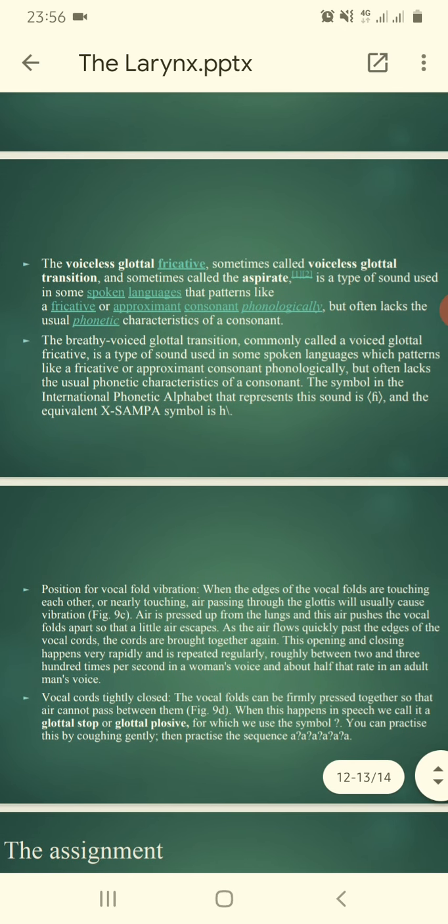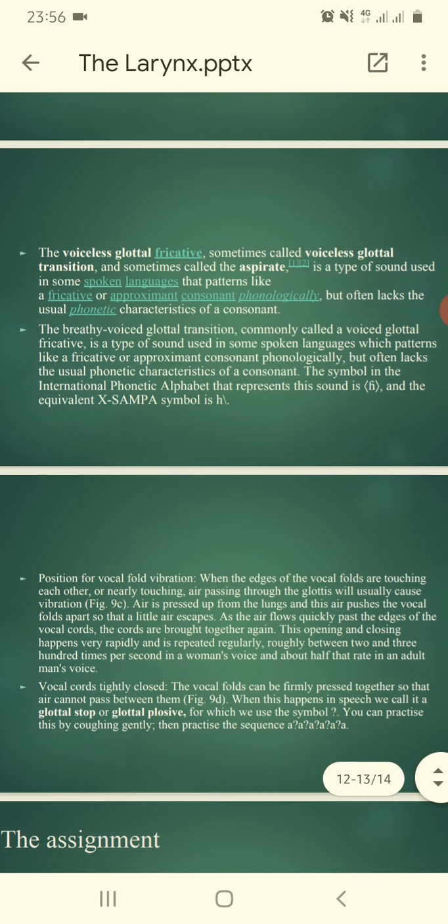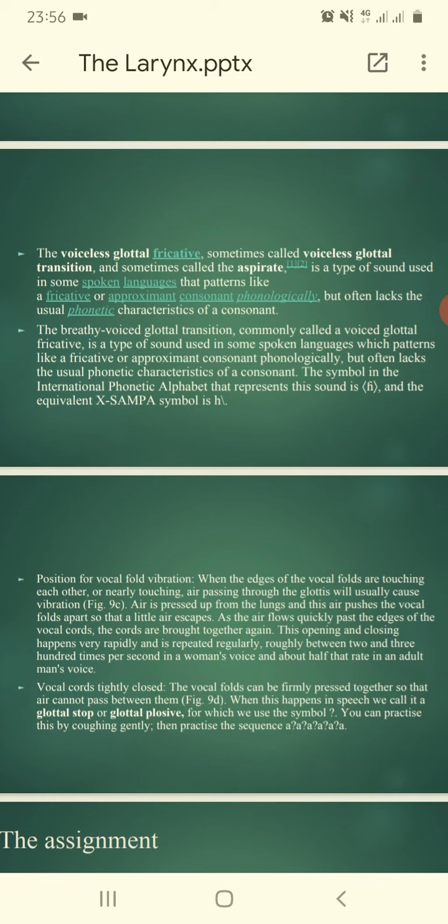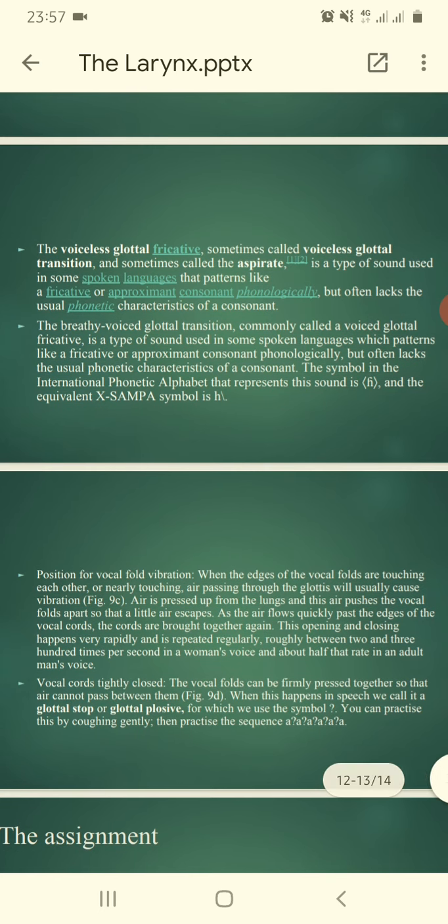The voiceless glottal fricative, sometimes called the voiceless glottal transition and sometimes called the aspirate, is a type of sound used in some spoken languages that patterns like a fricative or approximant consonant phonologically, but often lacks the usual phonetic characteristics of a consonant.